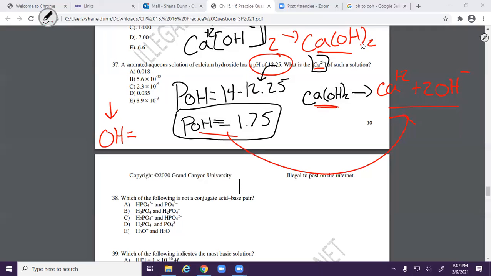If pOH is equal to negative log of OH, what is OH equal to? Base 10 to the negative pOH. So base 10 to the negative 1.75 gives you what?